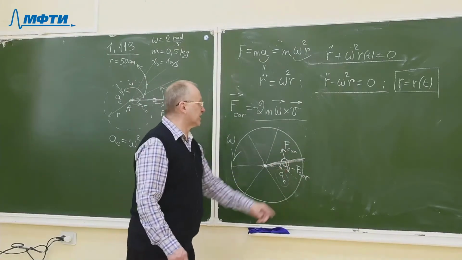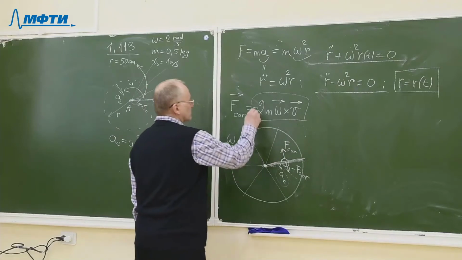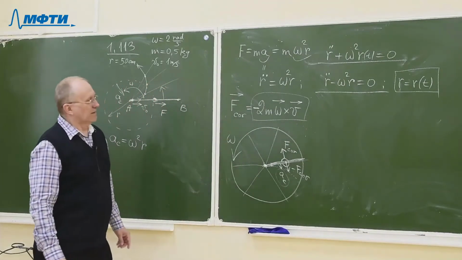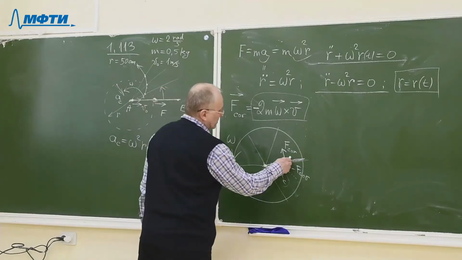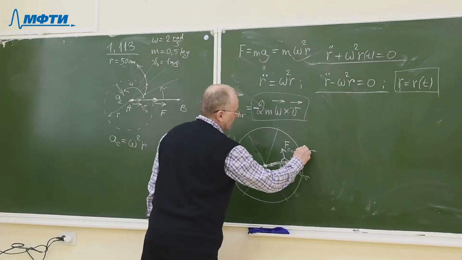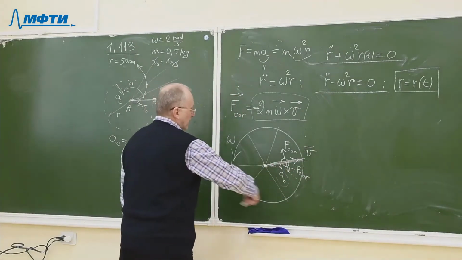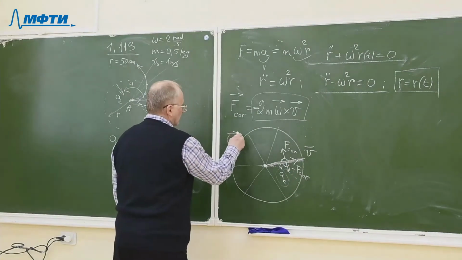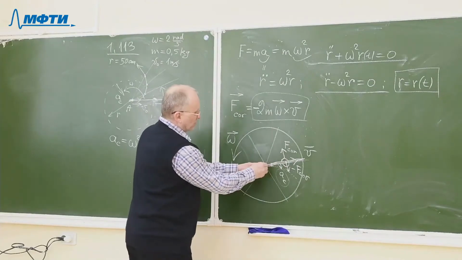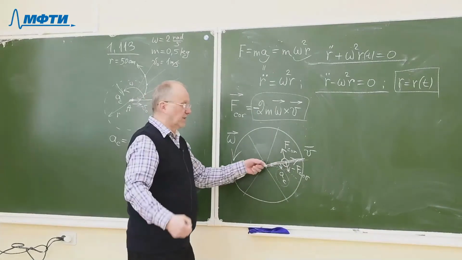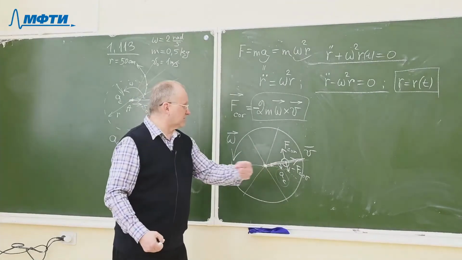So whatever force you calculate, you will always have this formula, but be careful with this sign. The sign can always be obtained if the vector of velocity is directed here, and the vector of omega, the vector of angular velocity, will be, in this particular case, directed perpendicular to the blackboard, to you. The vector of omega will be directed to you.